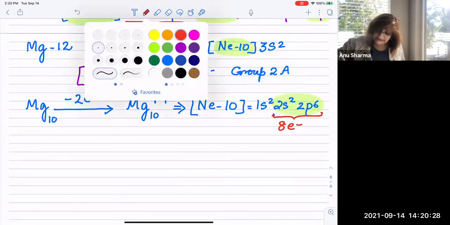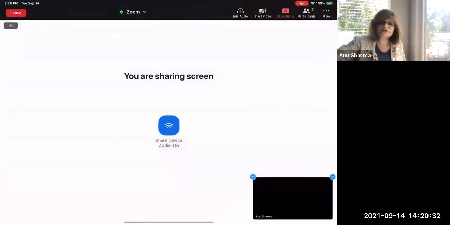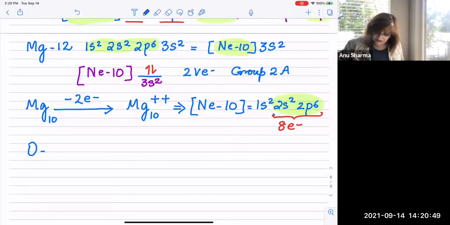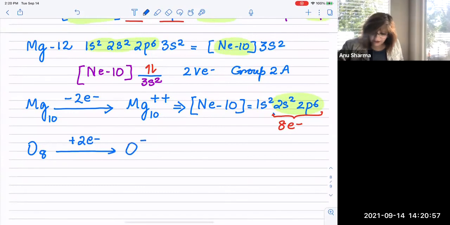Okay. Next is oxygen 8. Oxygen 8 will add 2 electrons that the magnesium is going to give. And then it will acquire 2 negative charges. And it will have 10 electrons with that. And yes, it is going to look like neon.